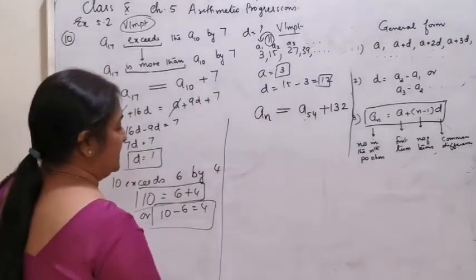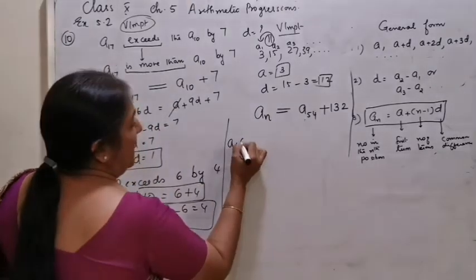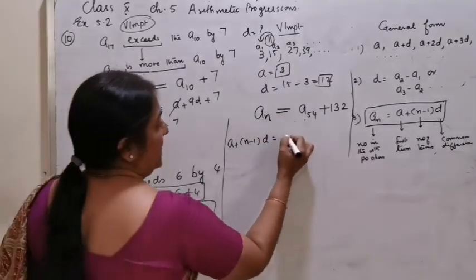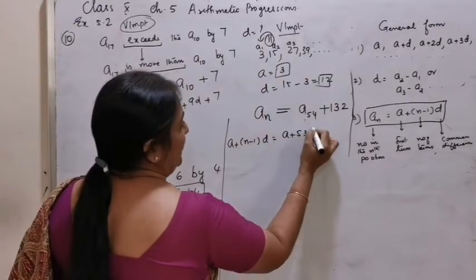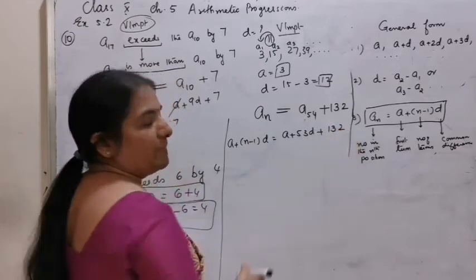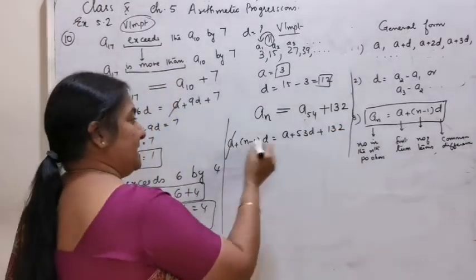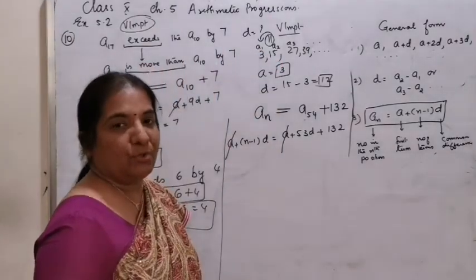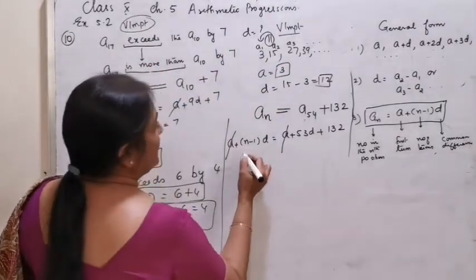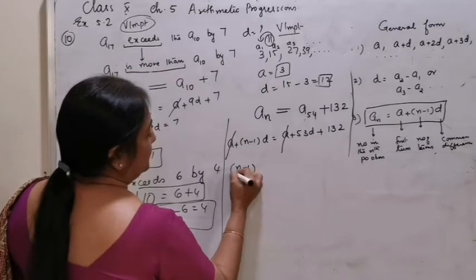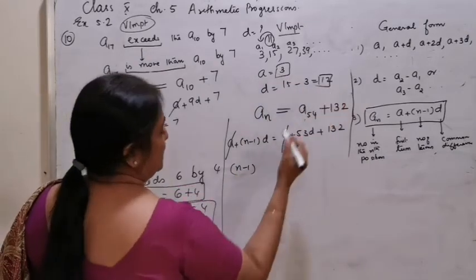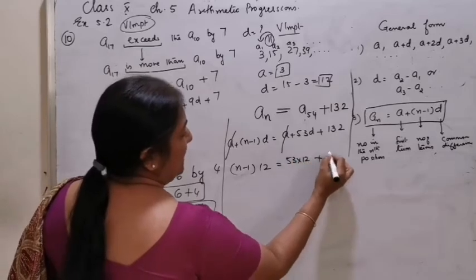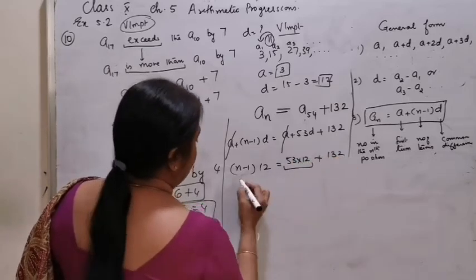As the formula says, you can substitute in the formula A plus n minus 1 into D is equal to A plus 53D plus 132. If you want, in the first step itself, you can cancel A, or after substituting the value also, you can do it. That is n minus 1 into the D value, 12, is equal to 53 into 12 plus 132.